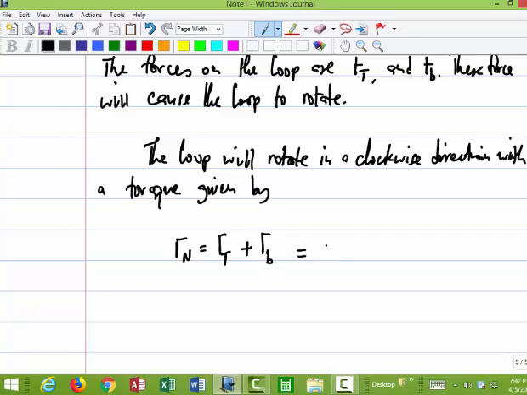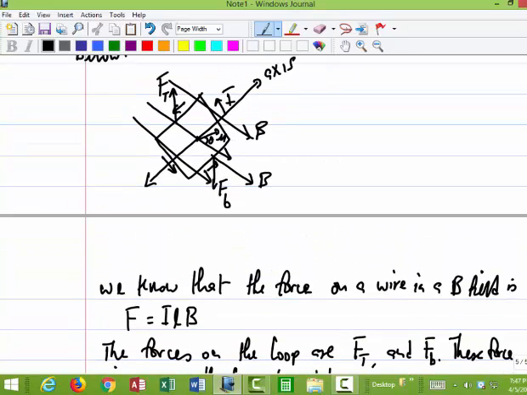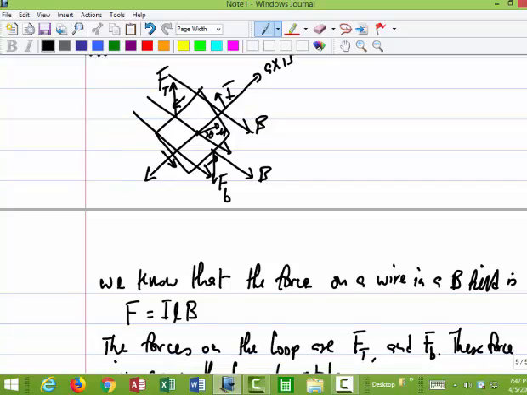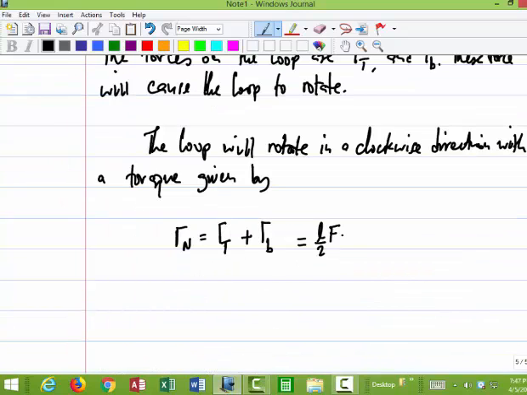So this is going to be equal to the lever arm, which is L over 2, because the sides are length L, times F sine theta plus L over 2 F sine theta.